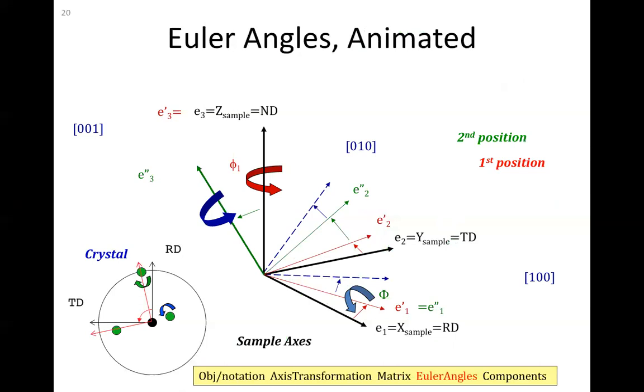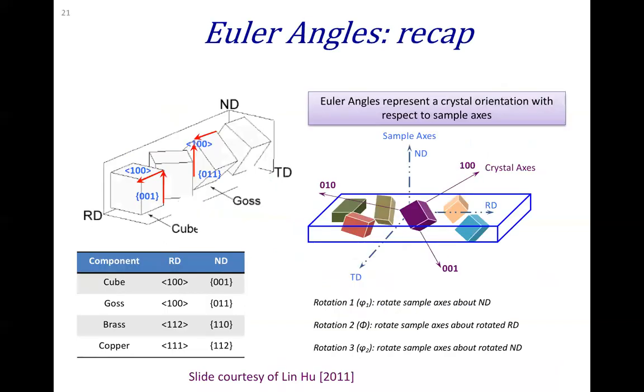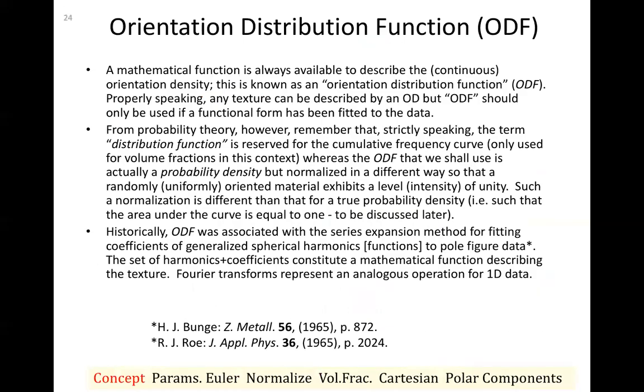And then we rotate around the new E3, the new normal direction, to bring the 100 in coincidence with the RD, and the 010 in coincidence with the TD, right? And this is just a convention, right? This is just another way of looking at it, right?